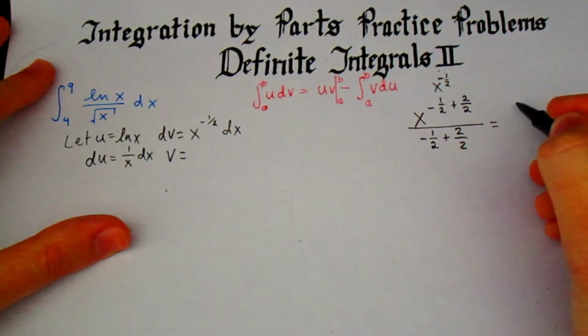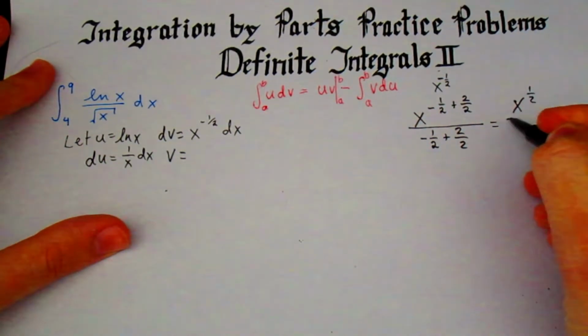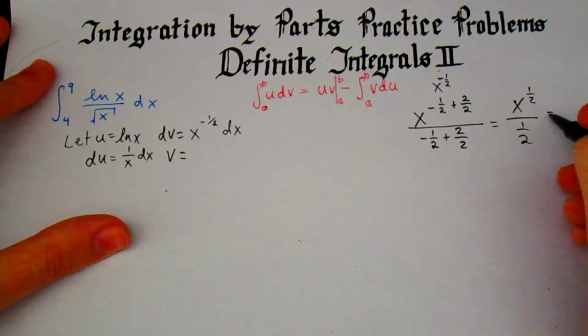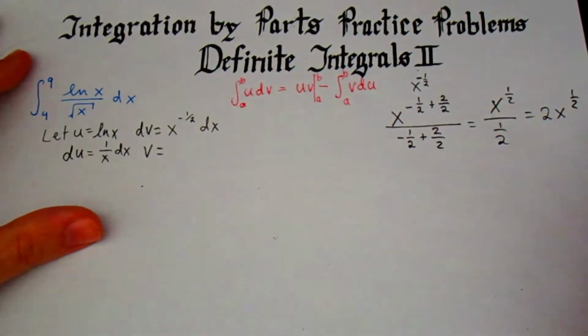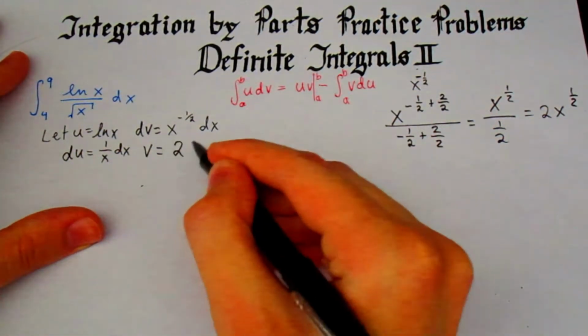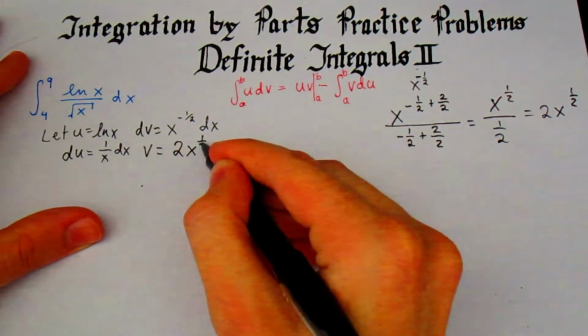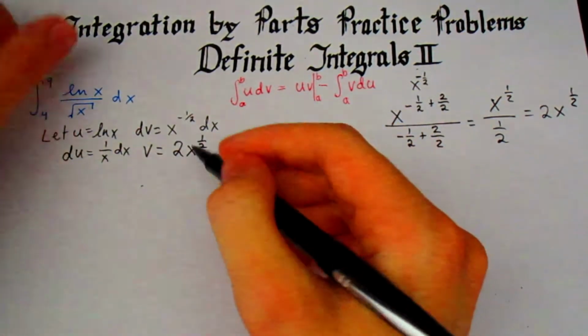When we do so, we have x to the 1/2 over 1/2, which equals 2x to the 1/2. Okay, so v equals 2x to the 1/2. You could put rad x if you want.